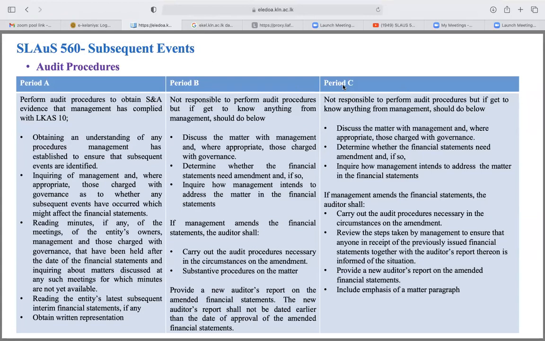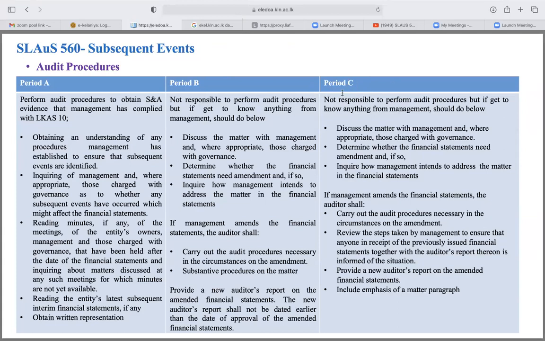Financial statement issuing date. Yes. After issuing the financial statement, yeah. Very good. So period C is the date after issuing the financial statements to the shareholders, right?